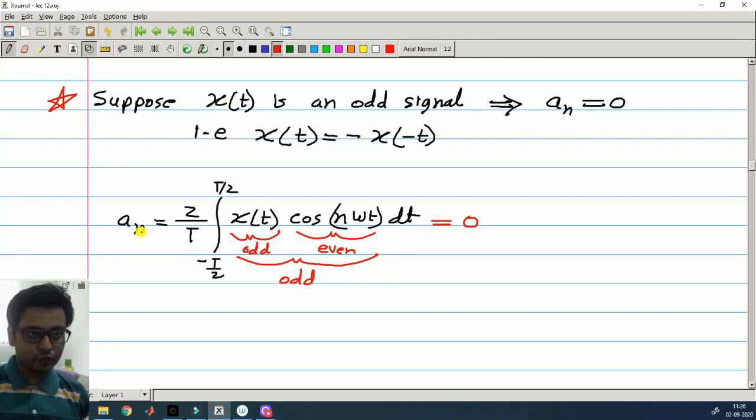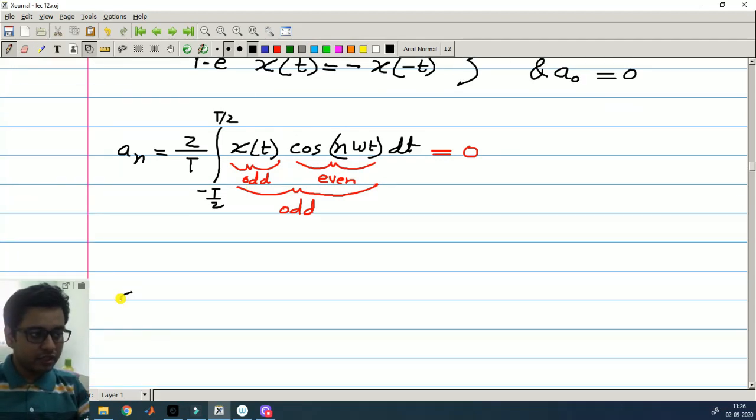So an will be equal to 0. But not only an is 0, also a0 will be equal to 0 whenever x is an odd signal.